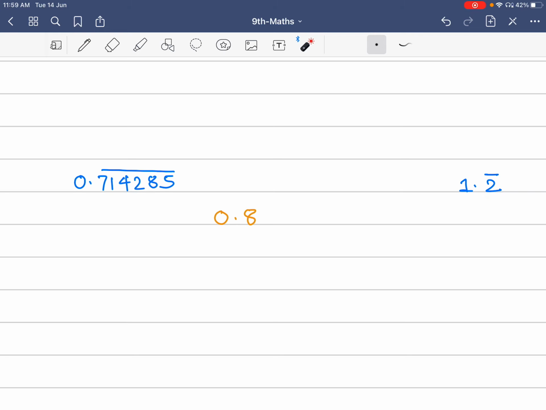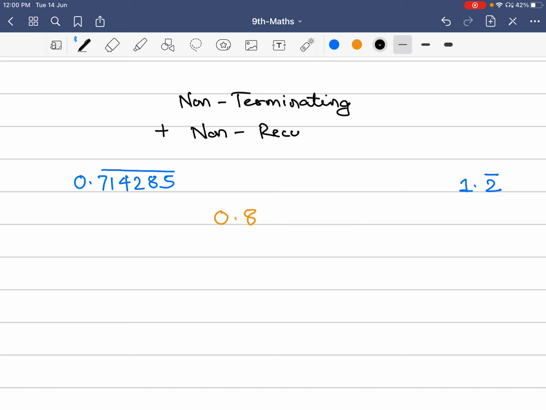And now I have to make it non-terminating. Let me note it down. I have to make all these numbers non-terminating plus non-recurring. Why so? Because it's an irrational number, non-recurring. So that will be our three irrational numbers.